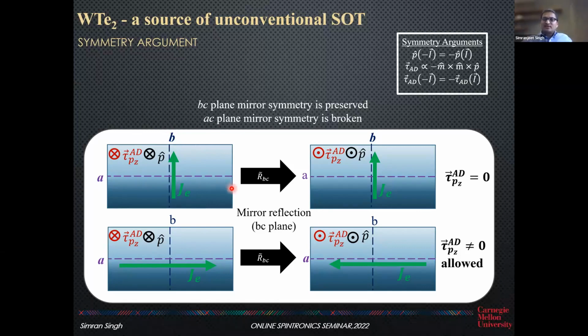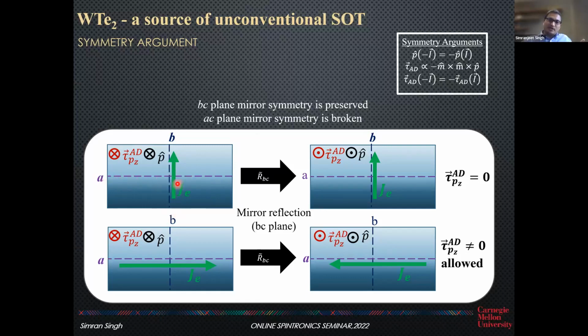In this kind of system, these are symmetry arguments: if you reverse the current, the spin current polarization should flip, and the same for this anti-damping torque. Say you apply a charge current along the B axis, where you have this mirror plane along the MA.